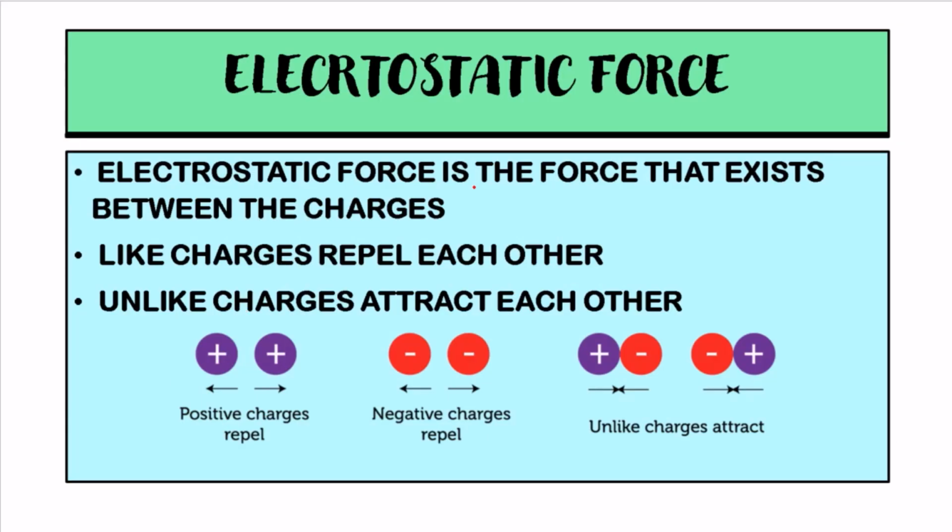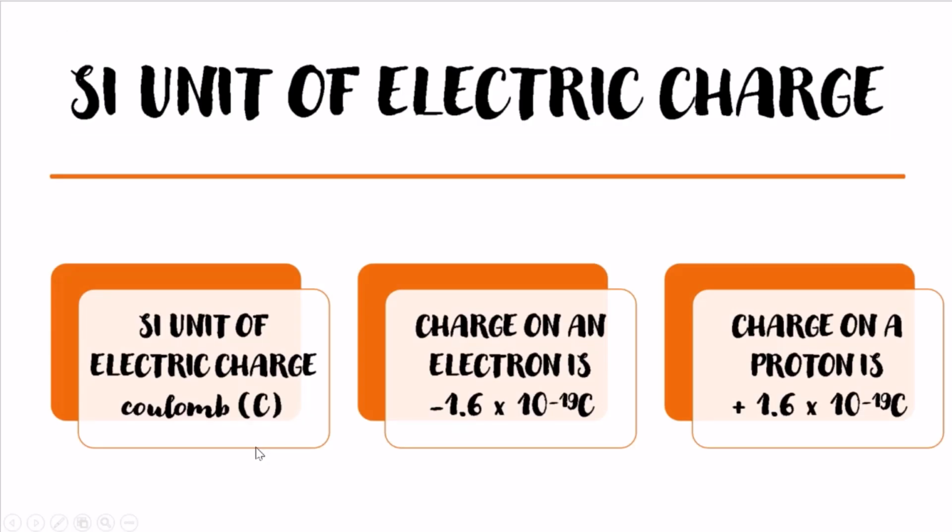Charges exert force on each other, and that force is known as electrostatic force. An important property of electric charge is that like charges repel, while unlike charges attract each other. The SI unit of electric charge is coulomb.